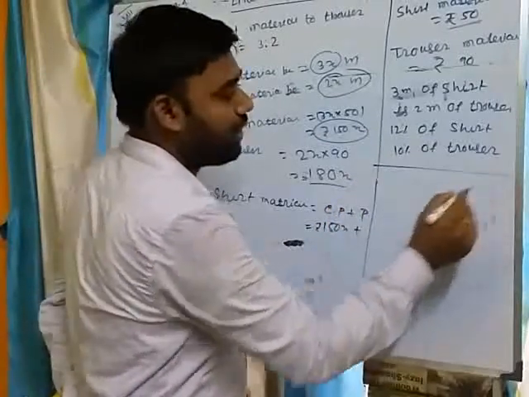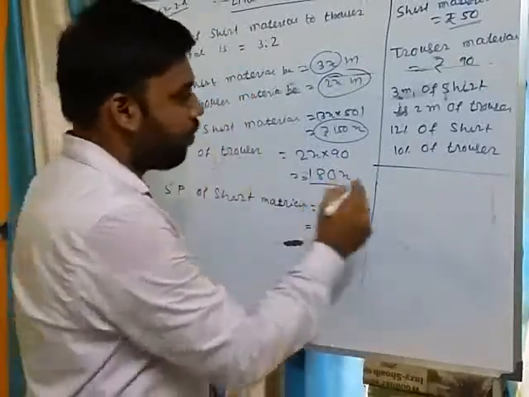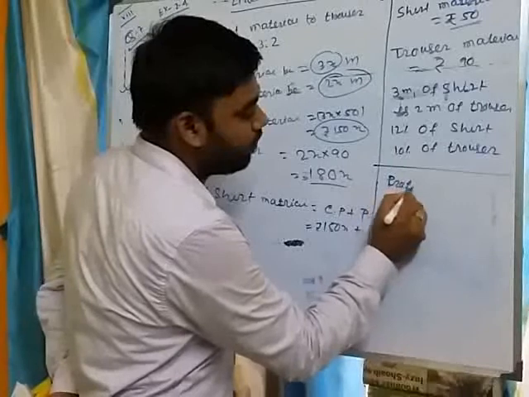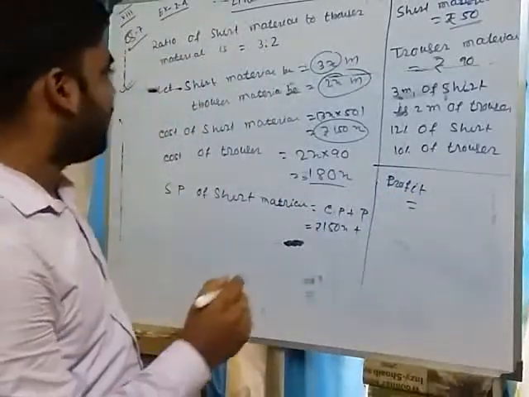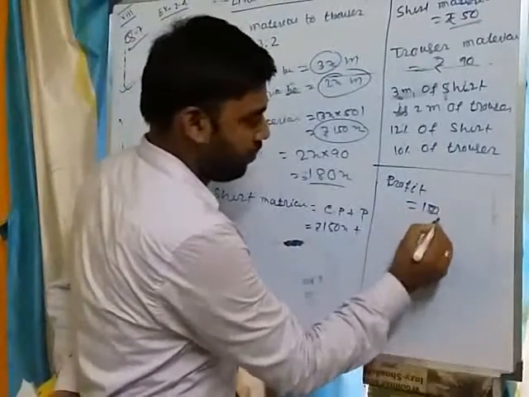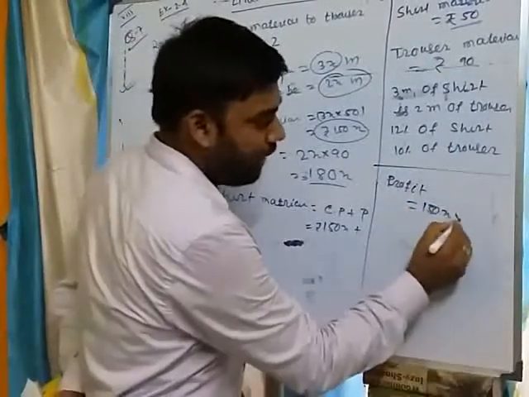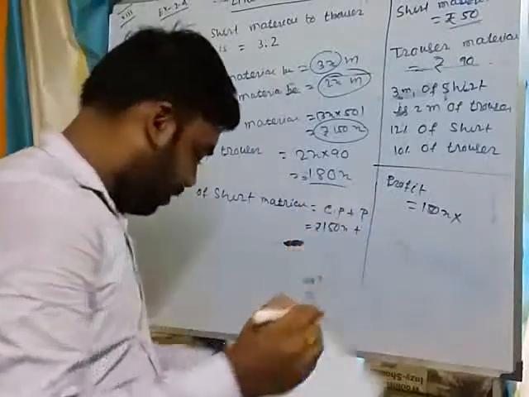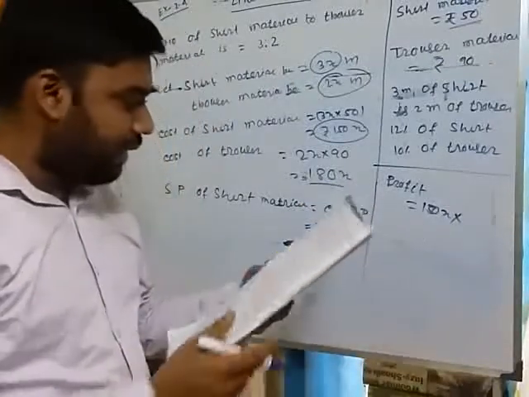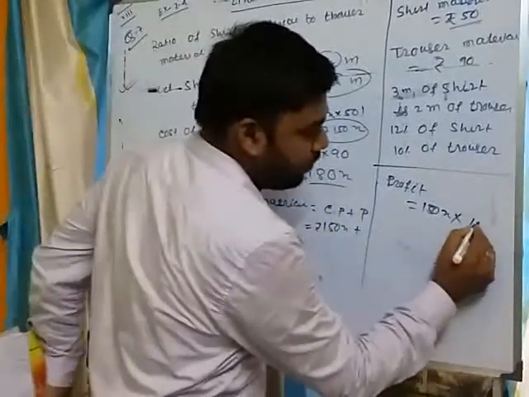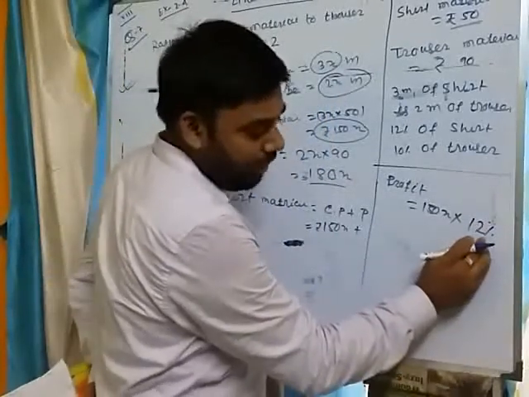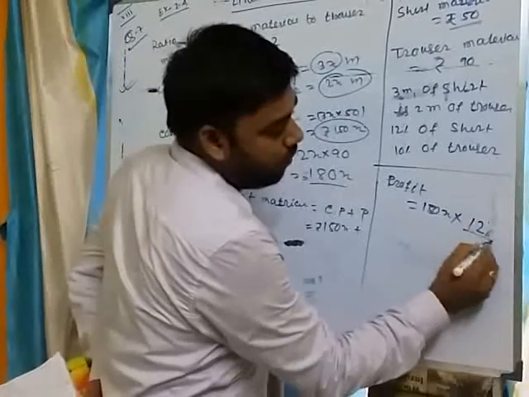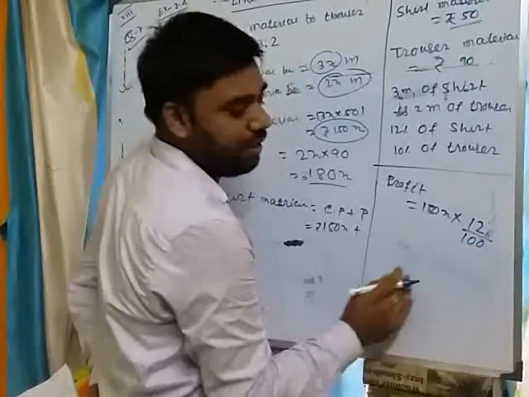That is, profit equals the cost price of shirt, that is 150x, into, according to the question, the profit percentage is 12%. We know that to remove the percentage sign, we have to put 100 here.